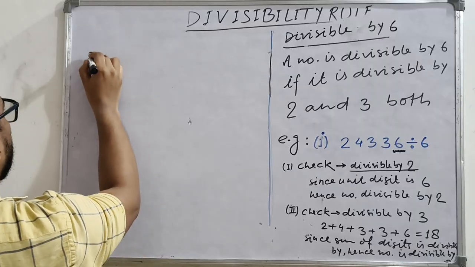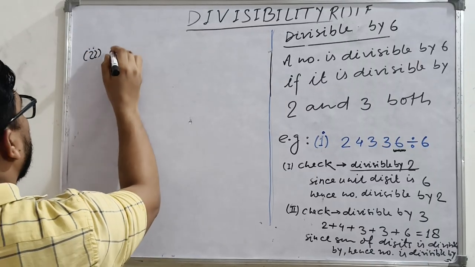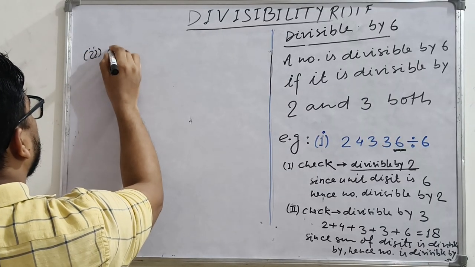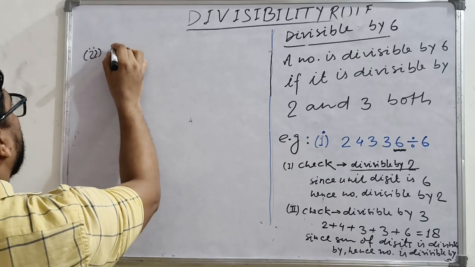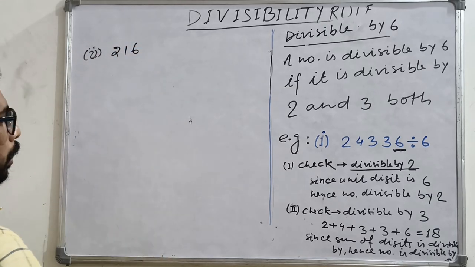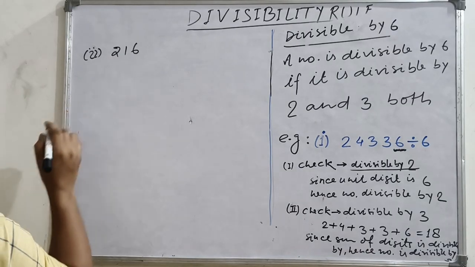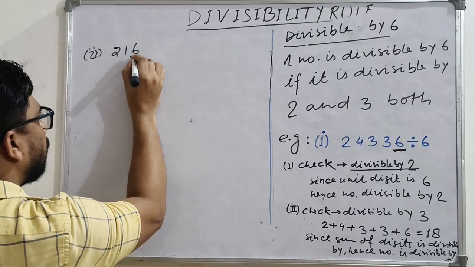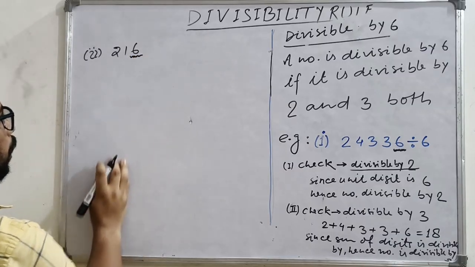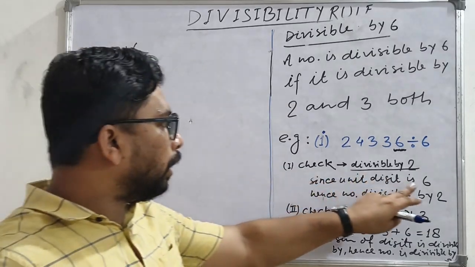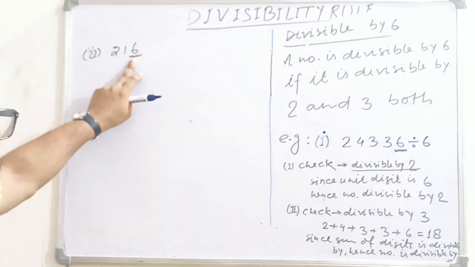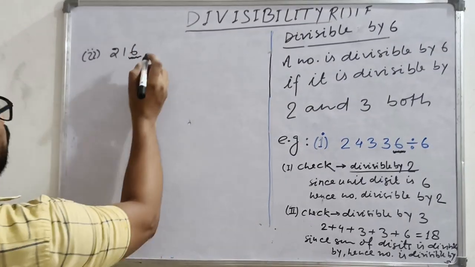Okay, now one more example, 216. Please go through it. You have to check that it is divisible by 6.